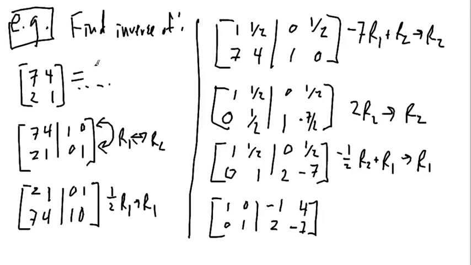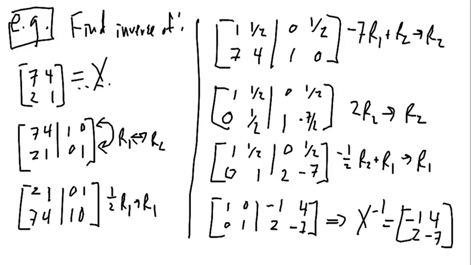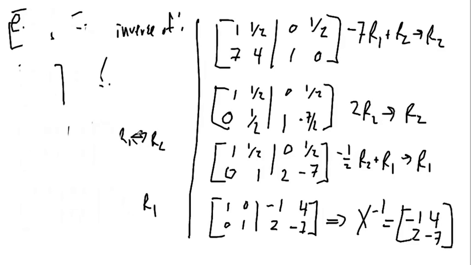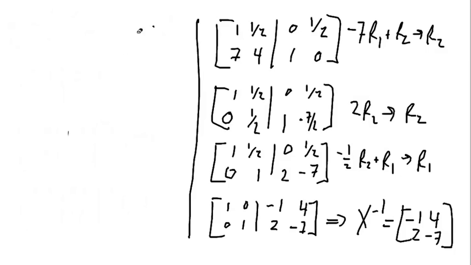So if my original matrix was x, that tells me that my inverse matrix, x inverse, is negative 1, 4, 2, negative 7. And just to make sure that we're not messing things up, let's quickly check that that is correct.